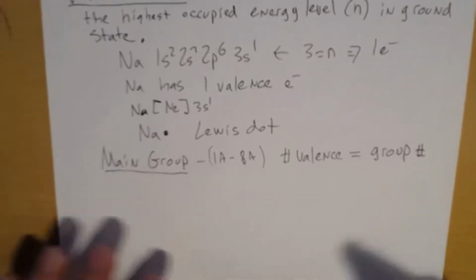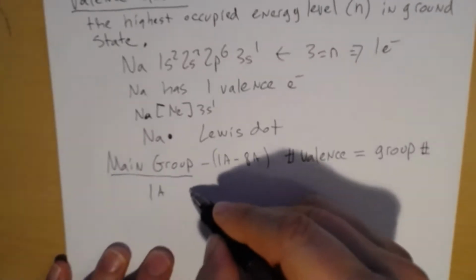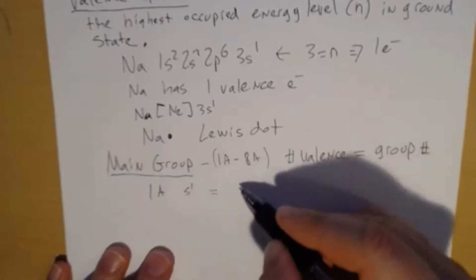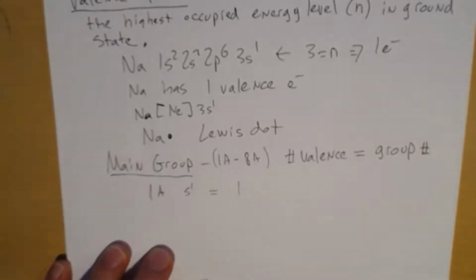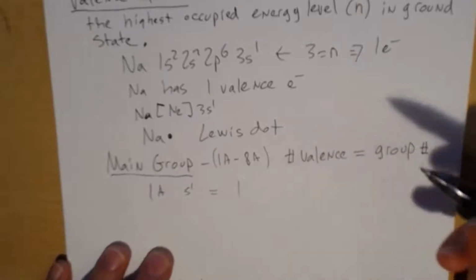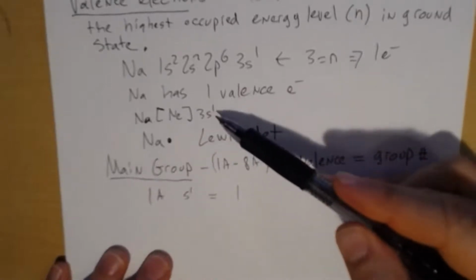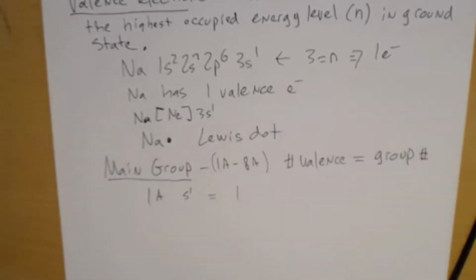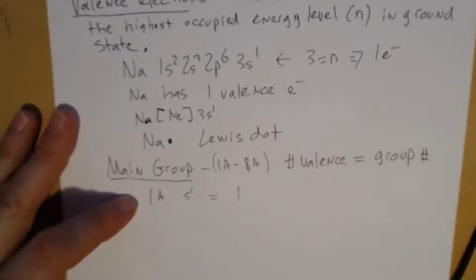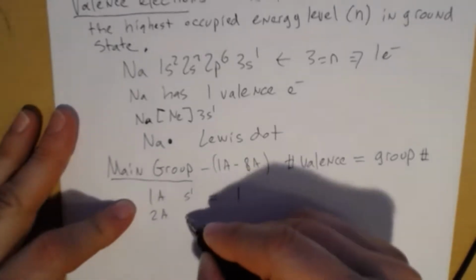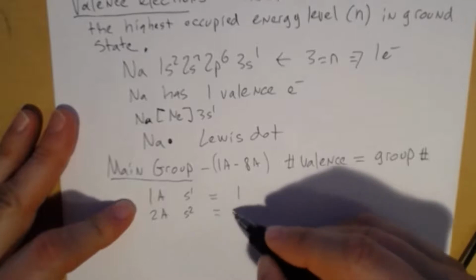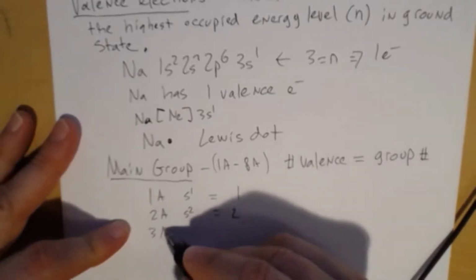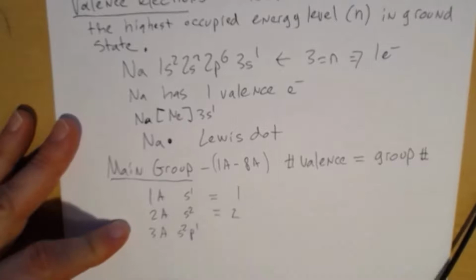So if I'm in the 1A, it's always s1, whatever it is, which is 1 valence electron. So sodium is 3s1. Lithium would be 2s1, and so on. Potassium would be 4s1. For the 2A, it's always s2, or 2 valence electrons. For the 3A, it's always s2p1.